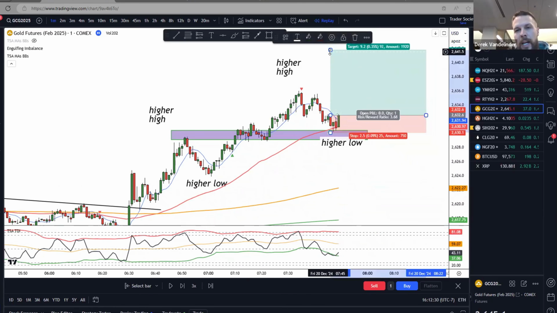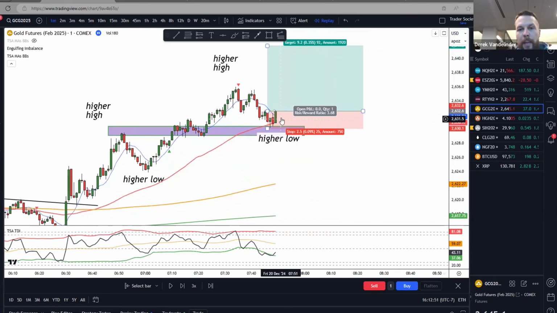Sometimes your profit target's going to be different, and that can be based on higher time frames, or it can just be based on a factor of things. We're going to have to dive into that on our next one. I just want to give you the grasp of what I look for when I'm looking to take a trade. So I place my buy here, as soon as that candle closes.